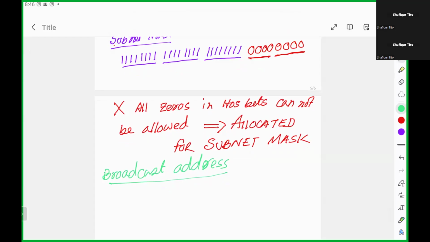When you broadcast, you cannot allow all the IP addresses in the sender address, because in the packet you have a specific field for the IP address.